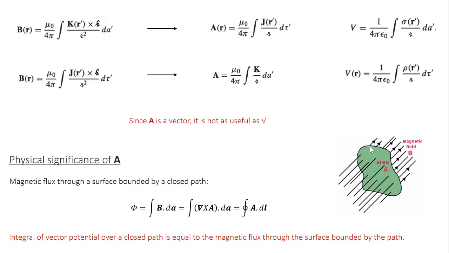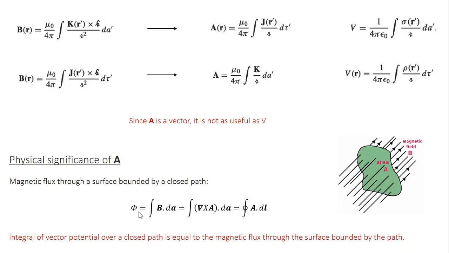Suppose you have a surface here and these are the magnetic field lines. The sum total of all these field lines is nothing but the flux through the surface, which is defined as phi equal to integral B dot dA. Now instead of B, I can write curl of A dot dA, and this surface integral I can convert into a line integral using Stokes theorem.